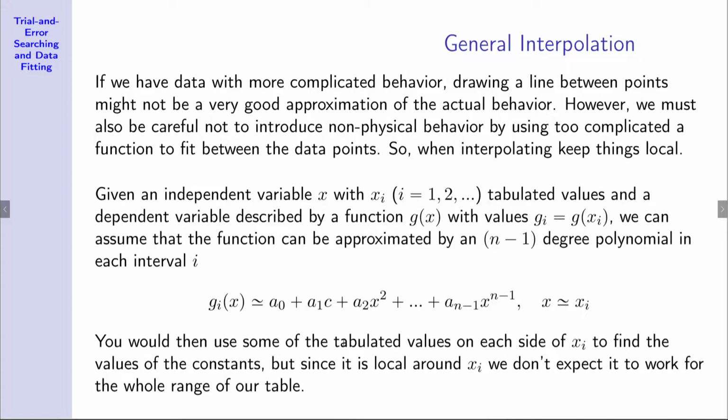So one thing that we will look at later on in this lecture is instead of fitting a function to the whole range of a table, we will try to set up our code so that we can fit to a specific point, and that point could be some value.